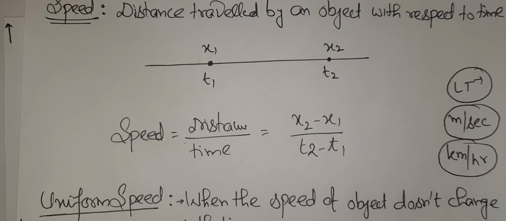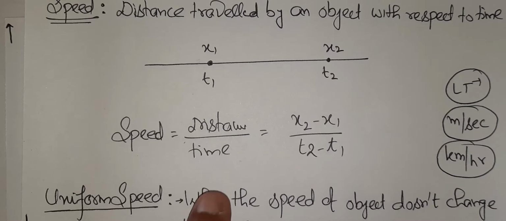In our previous lecture, we discussed some of the things related to slow and fast, that is, speed. I told you about the definition and the basic concept of speed: distance over time, the distance traveled by the object with respect to time.